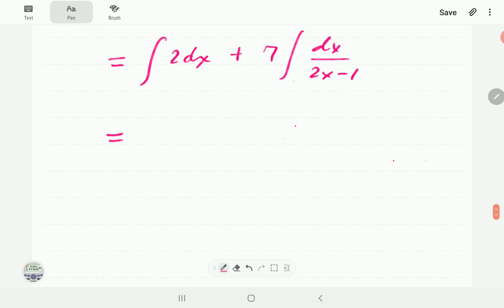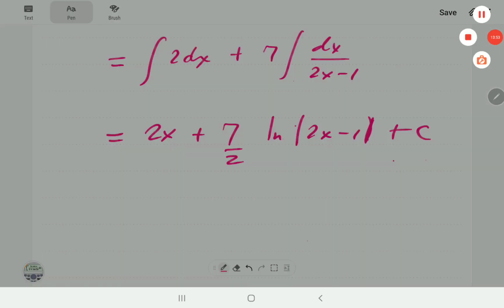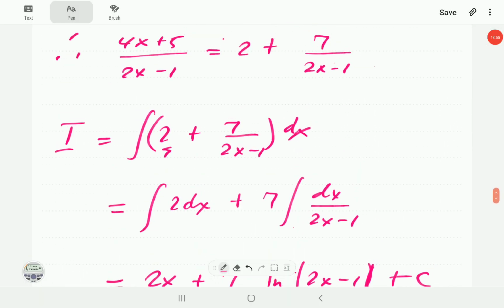So integral of 2 dx is just 2x. Then this one is going to be 7 into ln 2x minus 1. And then since 2 is multiplying x, we're going to have to divide by 2 there. And that is going to be the final expression of our integral.